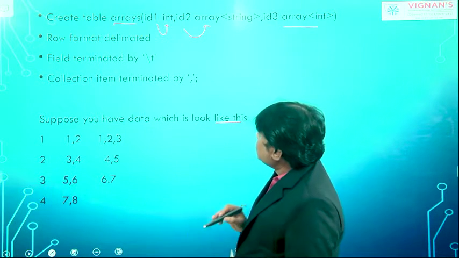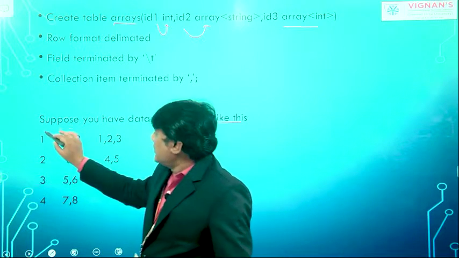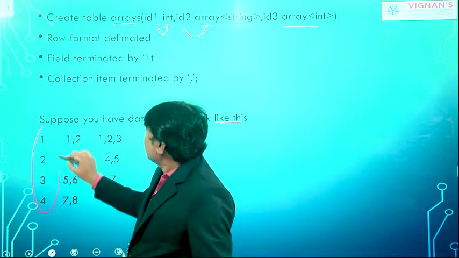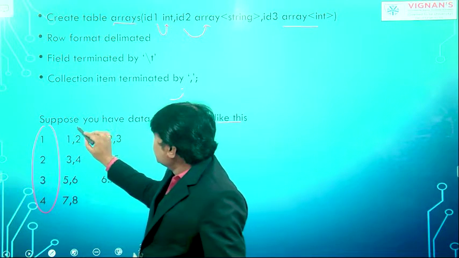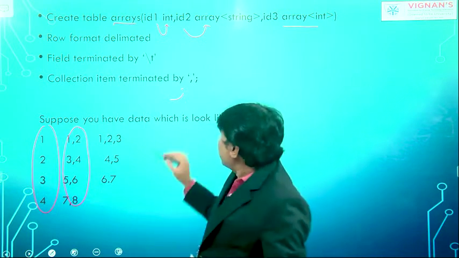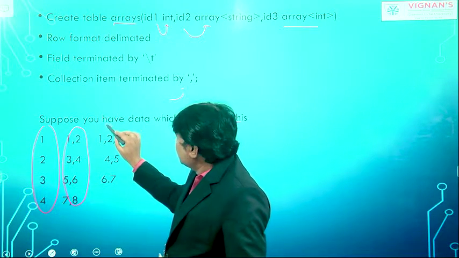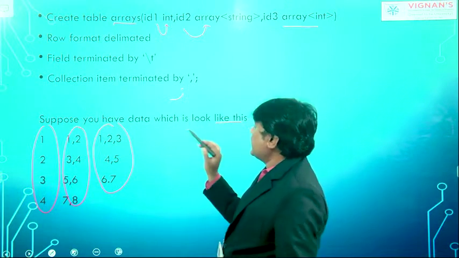This is ID1, which is in the form of an integer. This is ID2, which forms items, just like the items of an array, and this is ID3, which is also in the form of items.